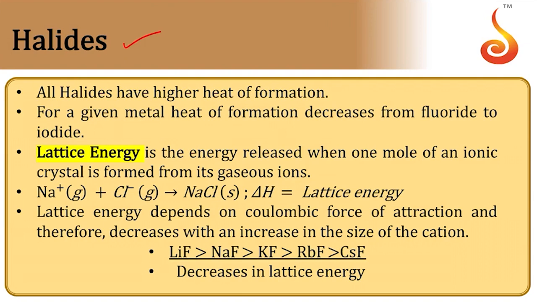Then come halides. In the case of halides, all halides have higher heat of formation. Suppose you take sodium plus X2 giving rise to NaX, that is the formation of sodium halide.